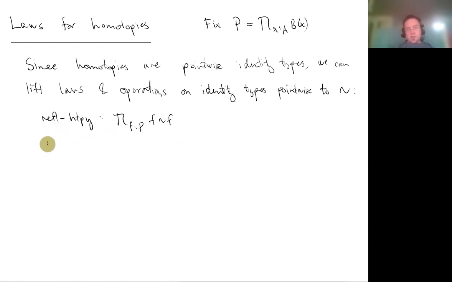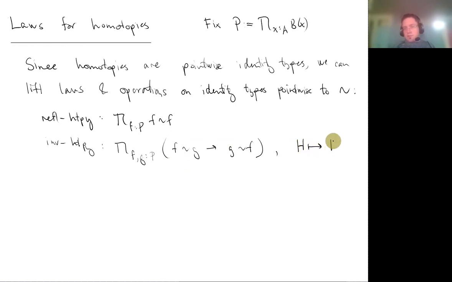And likewise, you can give an operation that inverts a homotopy. So say for every f and g in P, if you have a homotopy from f to g, then you get a homotopy from g to f by pointwise taking the inverse of the identification from f of x to g of x to get an identification g of x to f of x. And we're going to write this as H goes to H inverse.